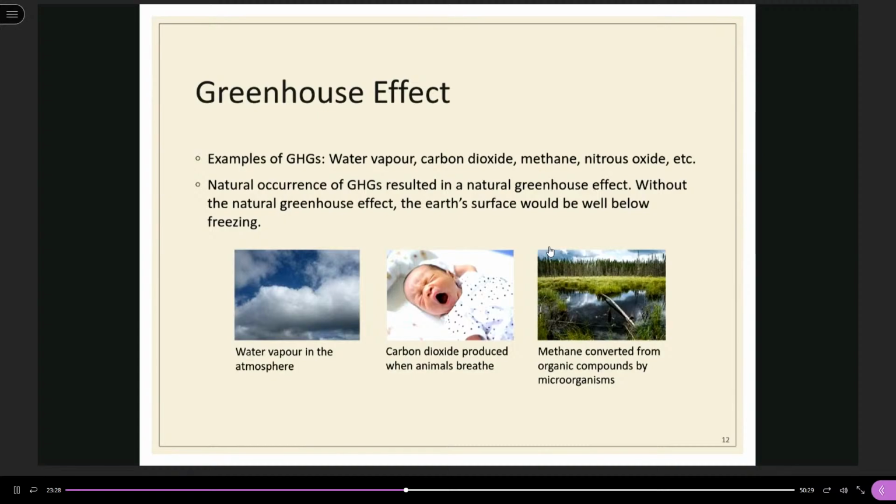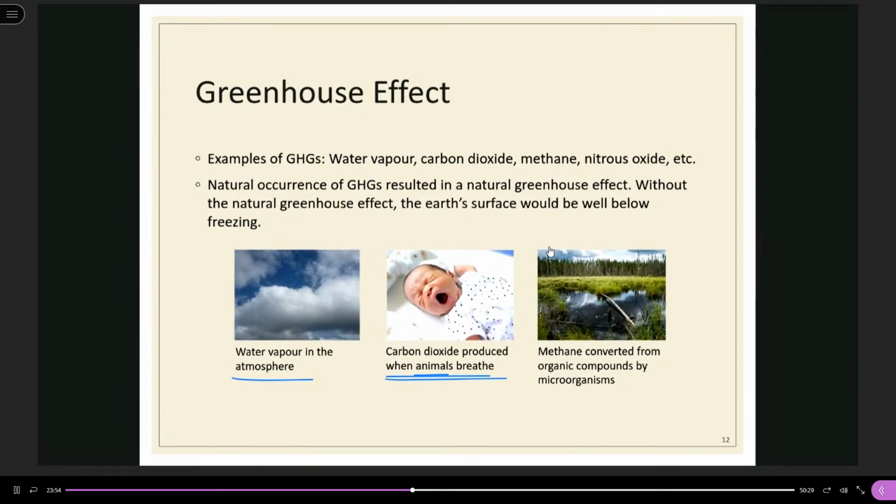So what is the process of natural greenhouse gas production? We have water vapor in the atmosphere, and when we breathe, we produce carbon dioxide. Not only humans, any animals that breathe take in oxygen and produce carbon dioxide. And we have the trees, right?